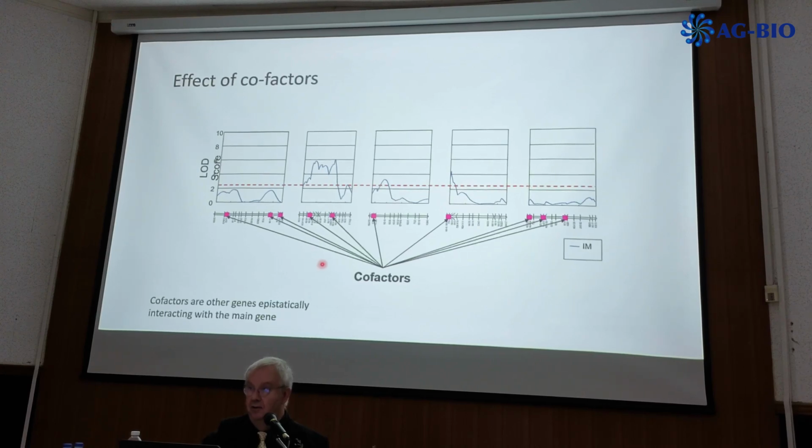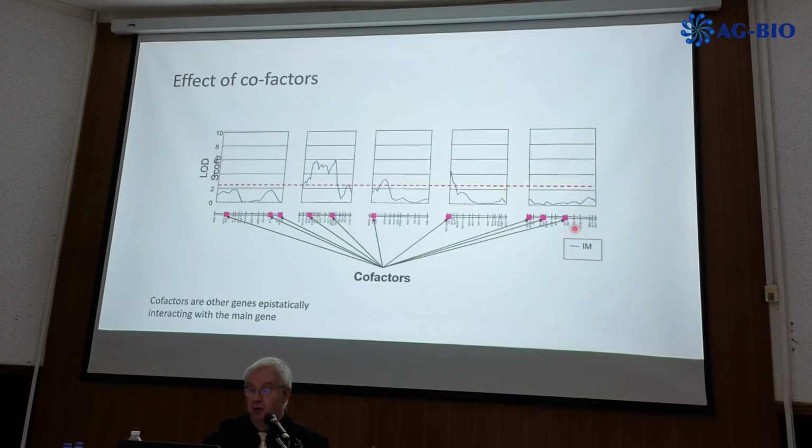You can calculate them with the program and say, okay, these are my cofactors. Use the cofactors to eliminate the effect on the major QTL. Or in the case of MapQTL, I don't know for R/QTL, but in MapQTL, there is a tool that can find the cofactors for you and show what the effect is.